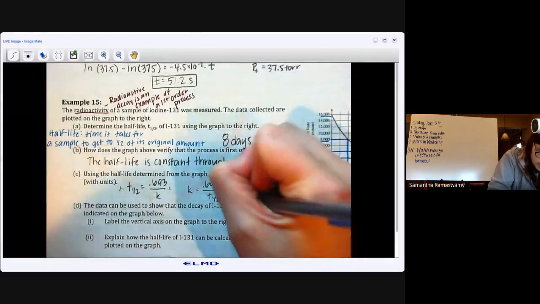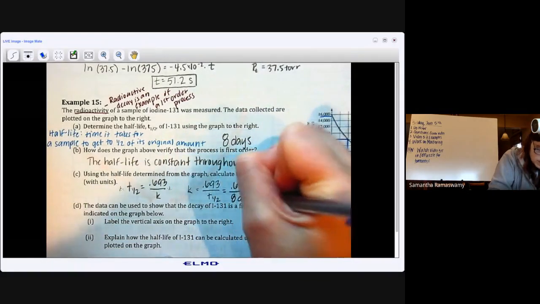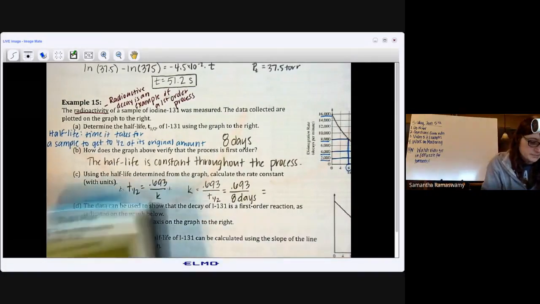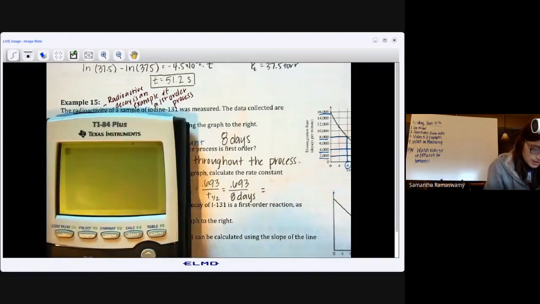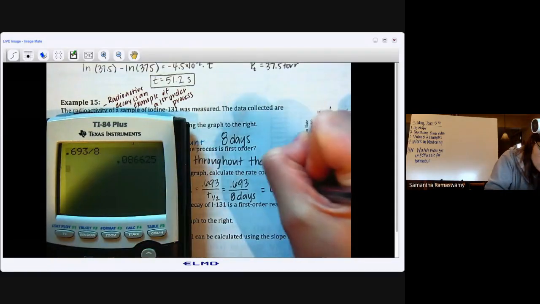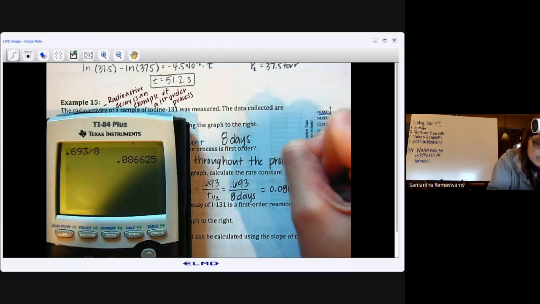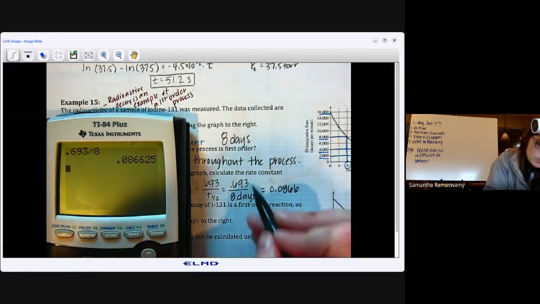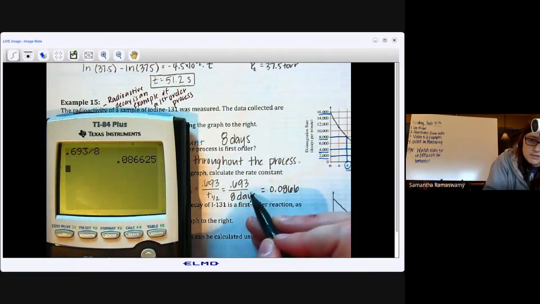The half-life is 8 days. So in my calculator, I do 0.693 divided by 8, I get 0.0866. Now it says with units. Well, there's nothing over days.